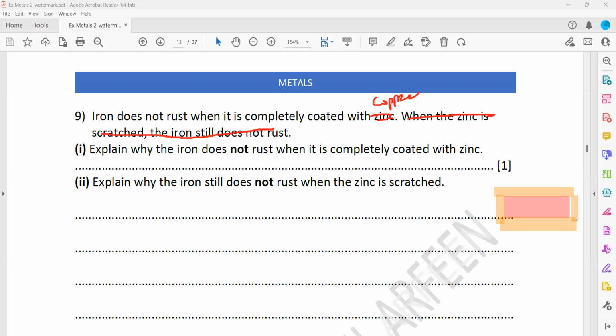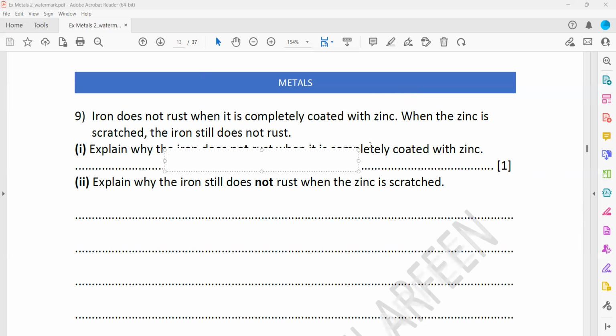So even if it's a more reactive metal layer or a less reactive metal layer, in both cases, why does it not rust? What is the reason? Because they are preventing iron from interacting with oxygen or water. So the answer here is not about the reactivity.